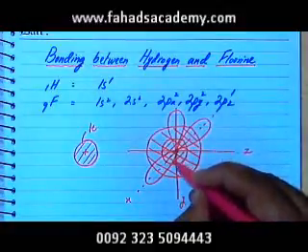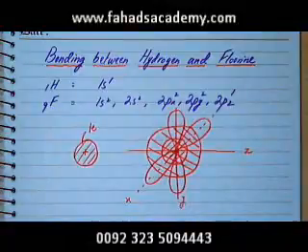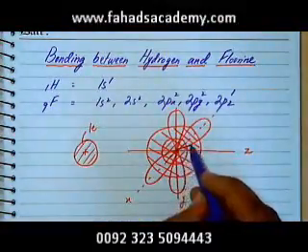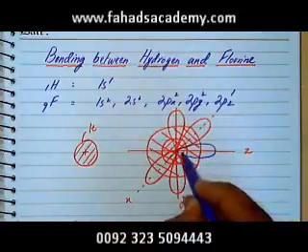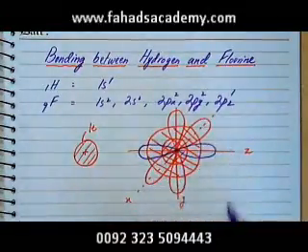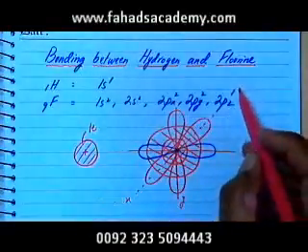So this over here is the 2py orbital, and let's draw the 2pz orbital with a different marker. That's going to be lying on the z-axis, and that's going to be holding just one electron. So this is the orbital in blue, the one which has the capacity to accommodate an electron.